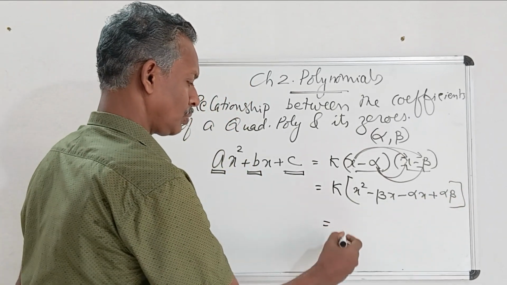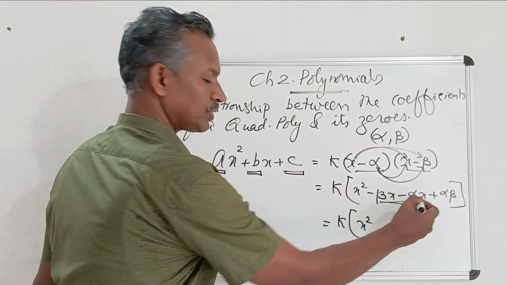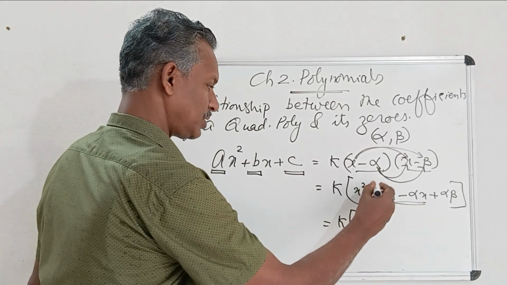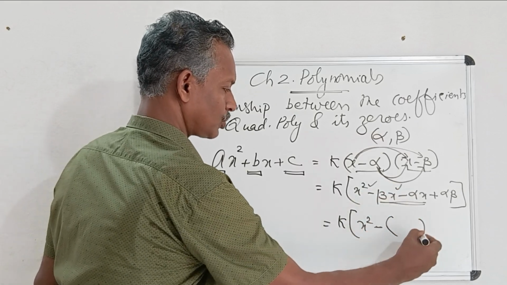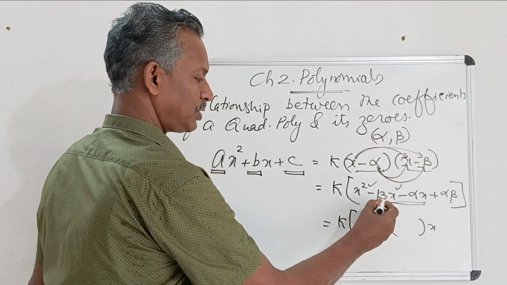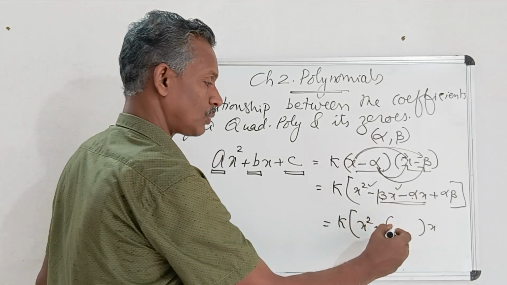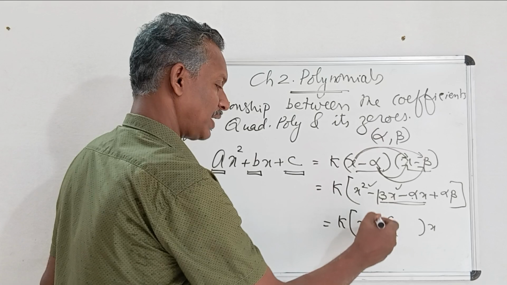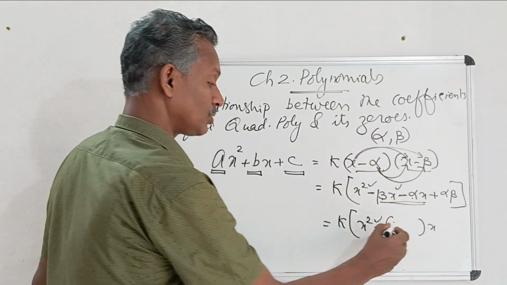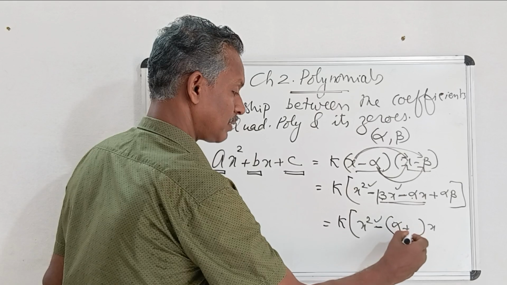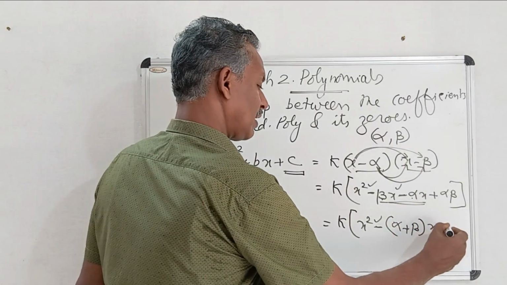Now there are two x terms, both negative, so you can take a negative common and also x common. Then beta and alpha are left out, and since minus is taken common, these two minuses will become plus. So you can write alpha plus beta, or beta plus alpha, plus alpha beta.